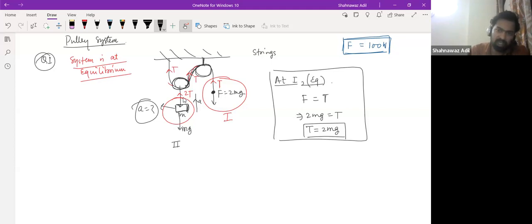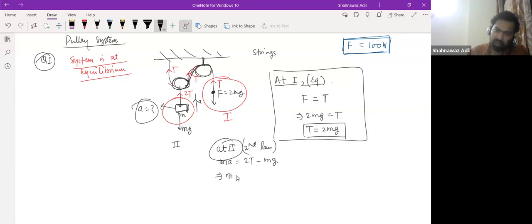So by the second law, MA is, in the direction, 2T minus mg.